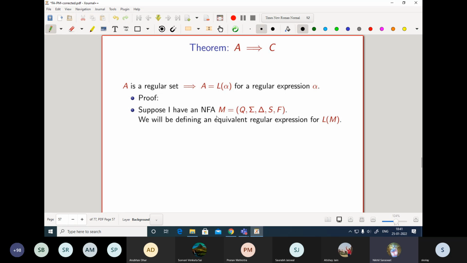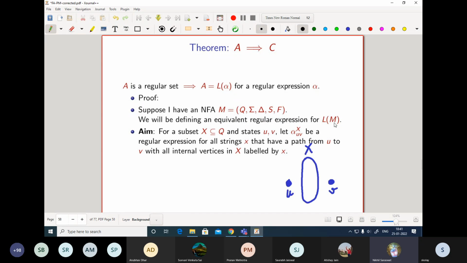Okay, so suppose A is a regular set, and suppose I have an NFA M which is equal to this tuple. So we will define a regular expression that matches L of M. Okay, so this is the aim of the proof.